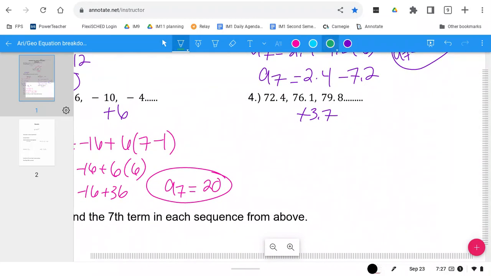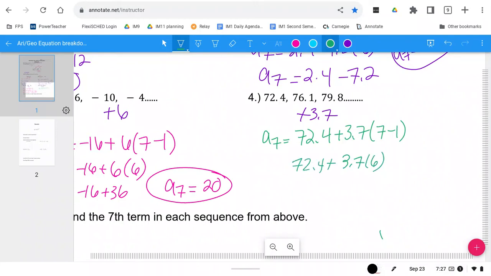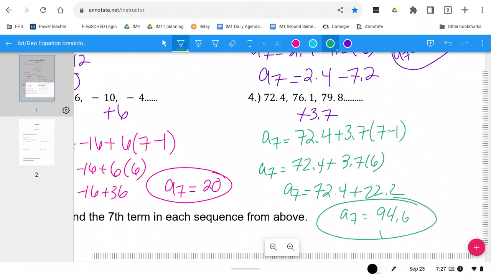Our next one here, 72.4 plus 3.7. 7 minus 1, so 3.7 times 6. Okay, so 72.4 plus 22.2. So my 7th term then is 94.6. Okay, so there's our arithmetic.